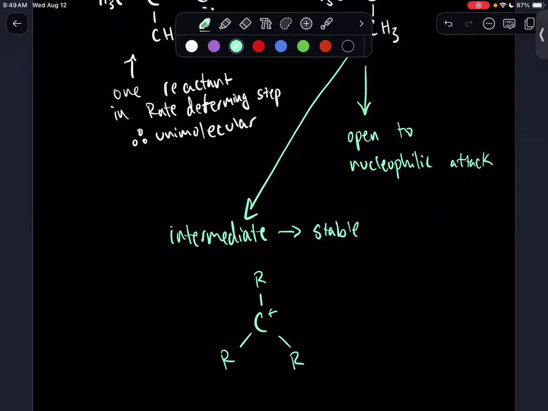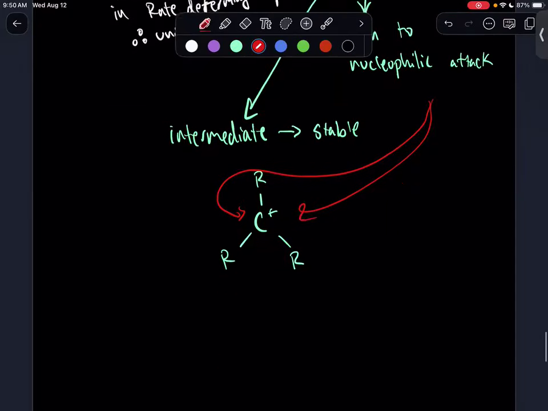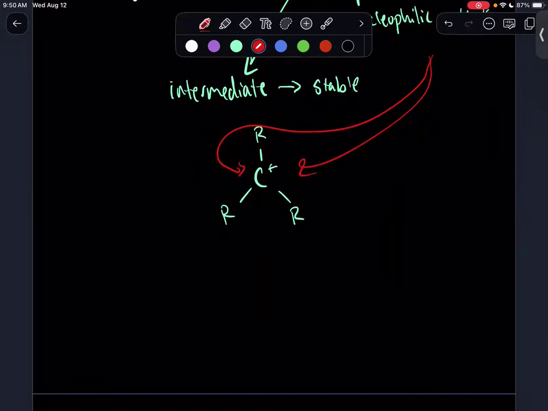And because it's trigonal planar, it's actually open to nucleophilic attack on both sides of this plane. So the nucleophilic attack can come from the front or the back. If we're thinking about a triangle in space or a plane in space, it has 2 sides to that plane, and those are equally open to attack. We're going to come back to that when we talk about isomerism with our products. But we can then do our nucleophilic attack, which will look something like this.